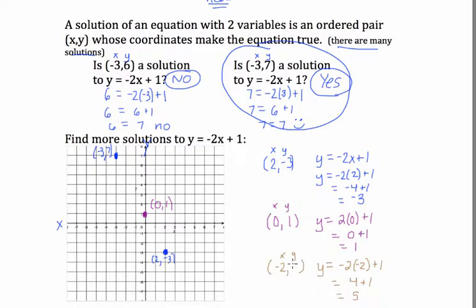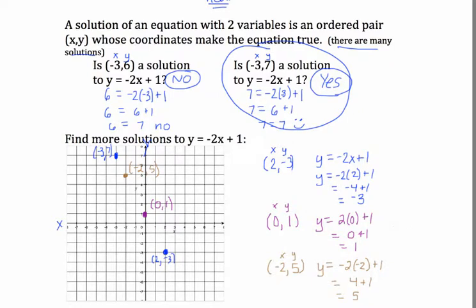The y-coordinate would be 5. There's another solution to my equation. So if I graph it, x is -2, y is 5. I'll get a point right here. You might notice that there seems to be a pattern to my solutions.